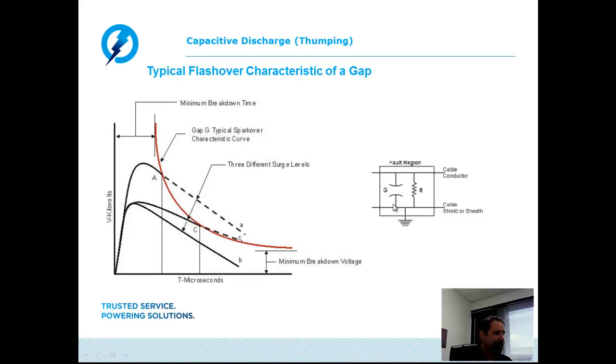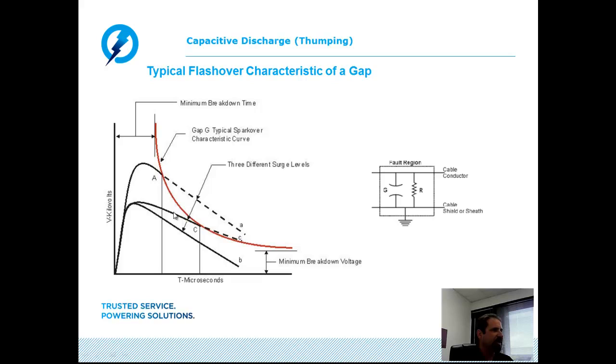In thumper pulse C, what we're trying to represent is higher energy being applied. Again, a larger capacitor possibly is being used inside this thumper. We apply the same amount of voltage as we did with thumper pulse B, but we have more capacitance inside the thumper, hence more energy being applied to the circuit, and we're able to meet the voltage requirement of flashover.